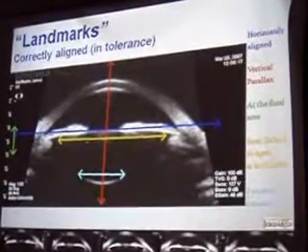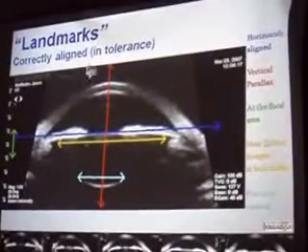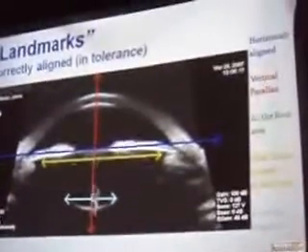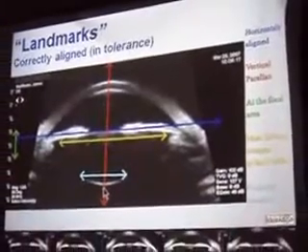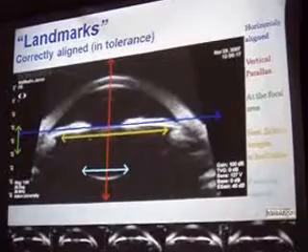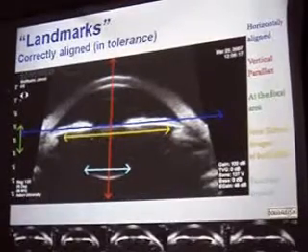Second, you must be able to draw a vertical parallax joining the epithelium, endothelium, anterior capsule, and posterior capsule. Joining the apexes of all those curves that we are crossing, it must be a straight line.